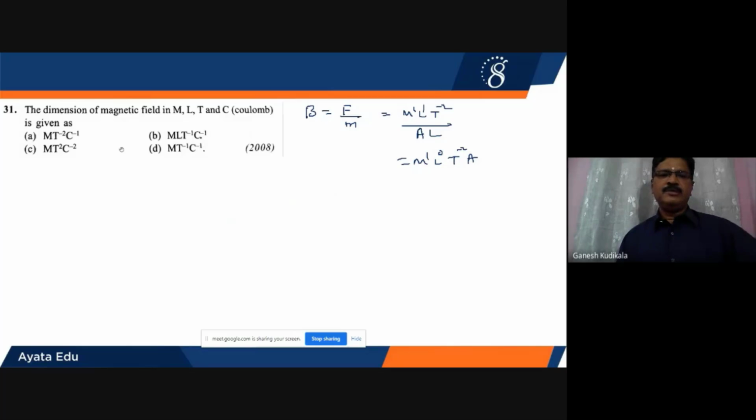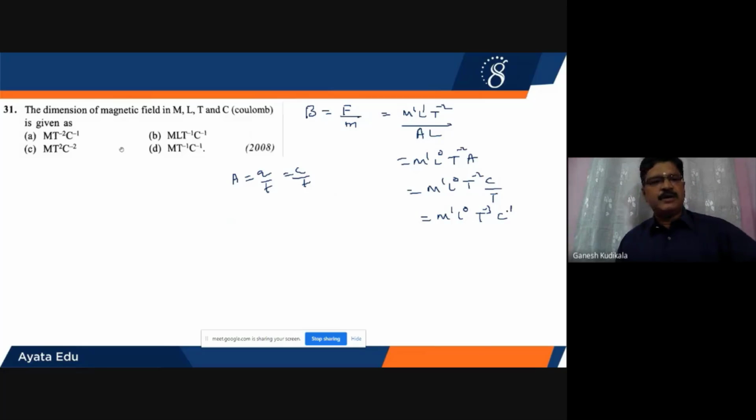But A I have to replace in terms of charge. So as we know, current will be equal to charge by time, or you can write C by T. Therefore A will be equal to C by T. It is M1 L0 T power minus 2 divided by C by T. So therefore M1 L0 T power minus 3 C power minus 1.